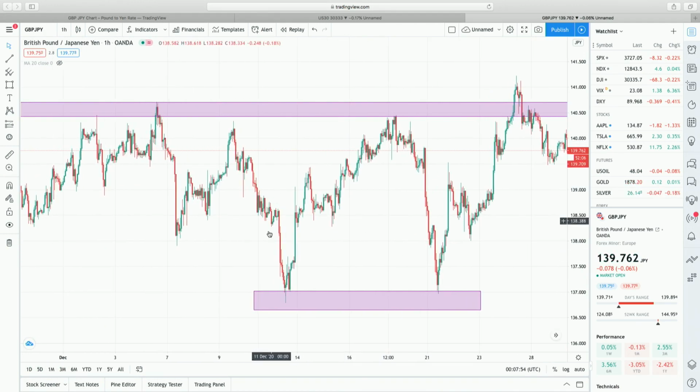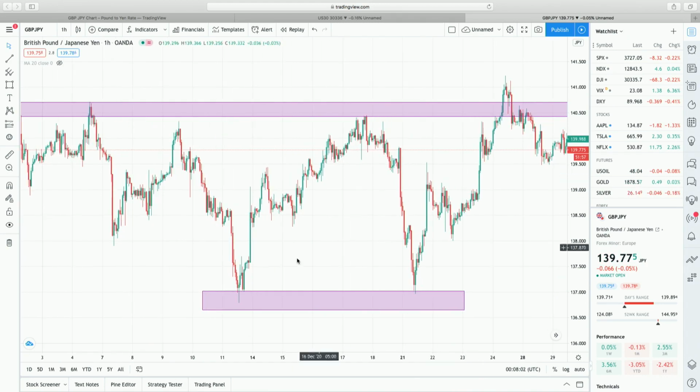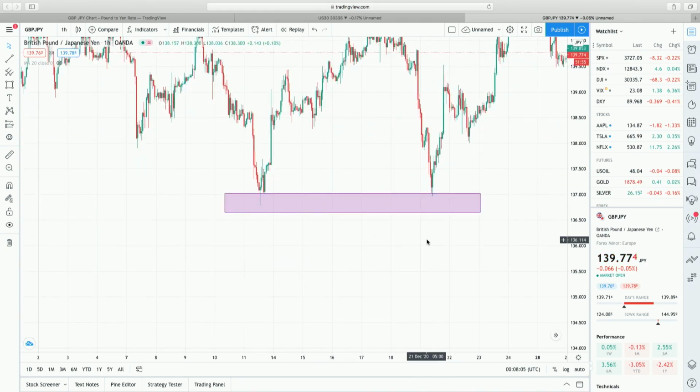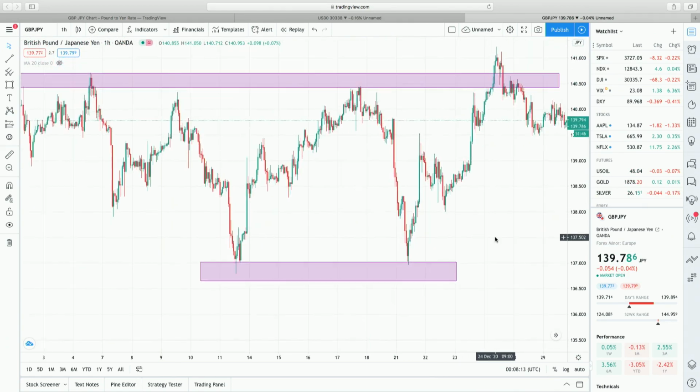History taught us here, price touched that point and shot back up. So here we're going to be looking for buys again, unless it breaks this structure and starts making closing lower candles, then obviously that zone is no longer valid. All right, so those are zones.